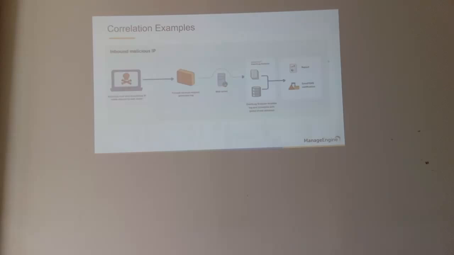This is automated in the software, so it automatically obtains these blacklisted IP addresses on a daily basis. Whenever there is any request coming into your environment from a blacklisted source, it will automatically send you an email and notify you, since this could be something that we need to look into.